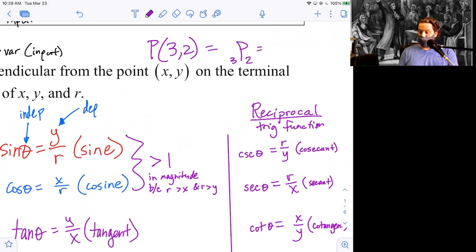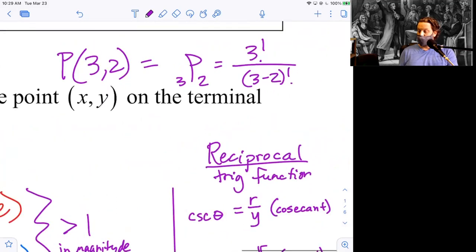It ends up being 3 factorial all over 3 minus 2 factorial, which is just 3 factorial, which is 3 times 2 times 1, which is 6. That's what factorial means. That exclamation point means factorial. It's used a lot in discrete math or probability, even statistics. It's a way to account.